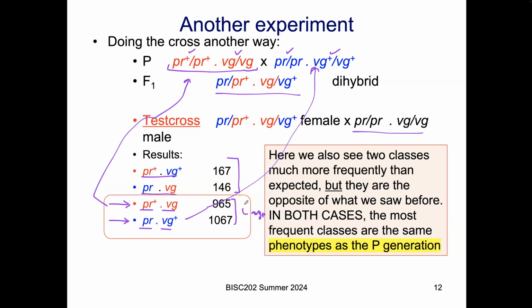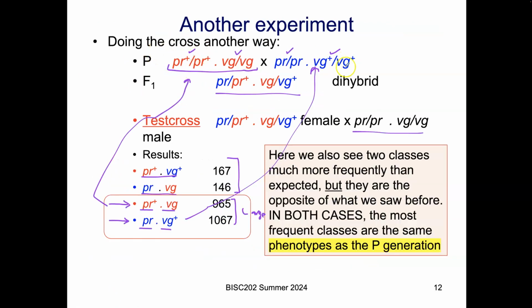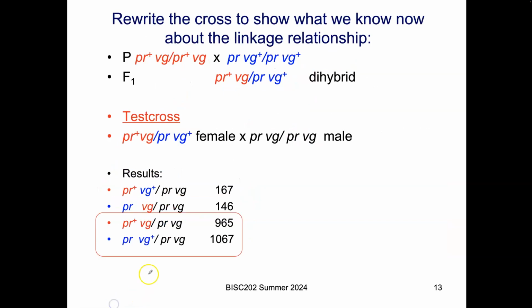So in both cases, even though the actual genotypes that we see more frequently are different, if you go back and look at each of the two crosses, these are the ones that are most frequent, the ones that we saw in the original parents. And that is one of the reasons why these are called the non-recombinant classes or the parental classes, and these are called the recombinant classes or the non-parental classes. Those terms are used pretty much interchangeably in this kind of stuff.